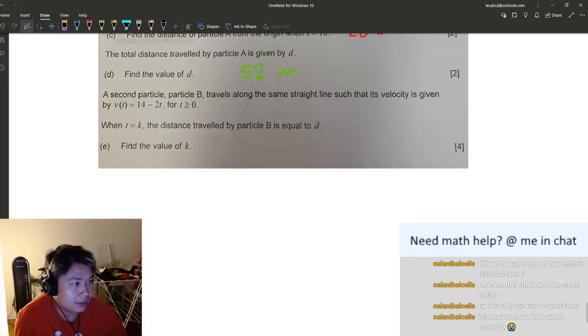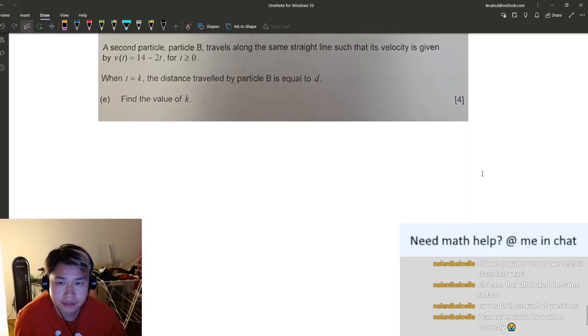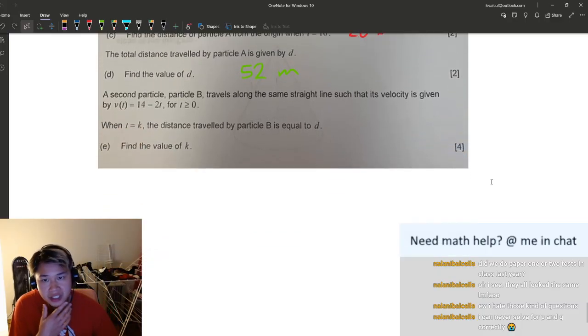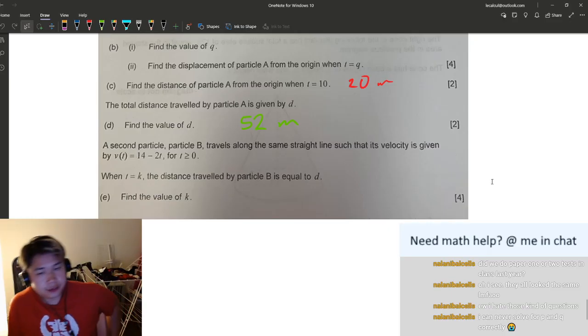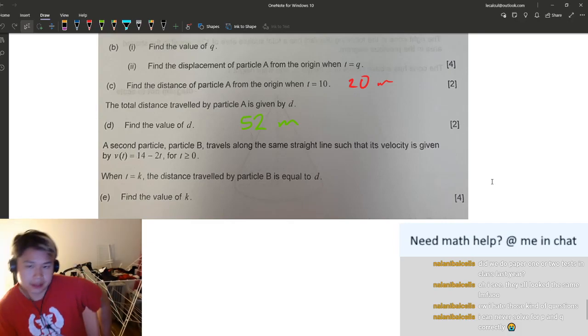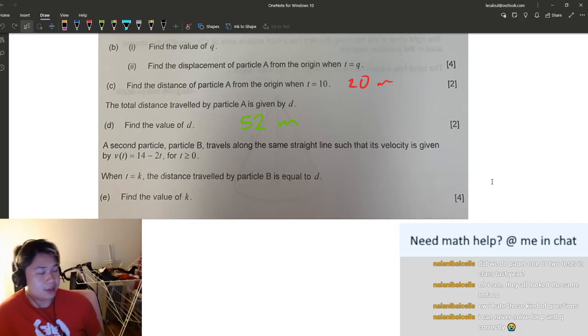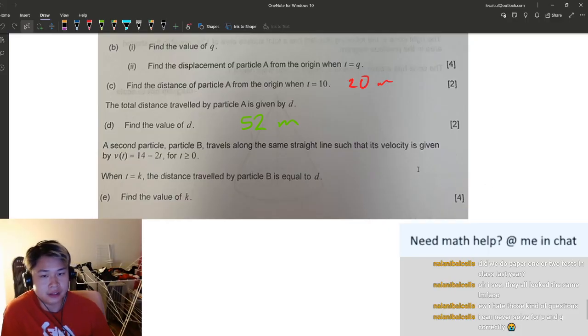Find the value of k. It's only 4 marks, so it shouldn't be that complicated. I just want to go through my options before I decide what I want to do.